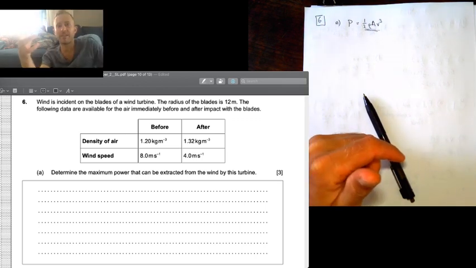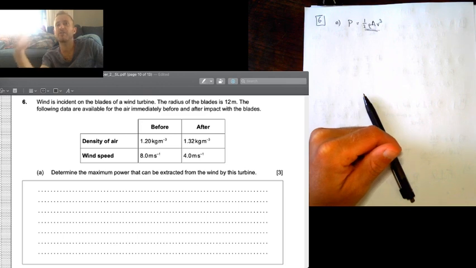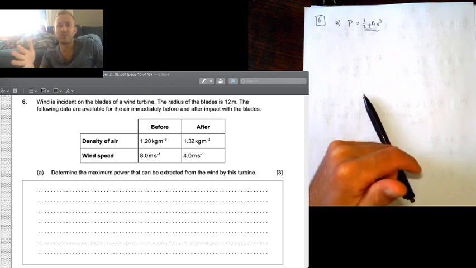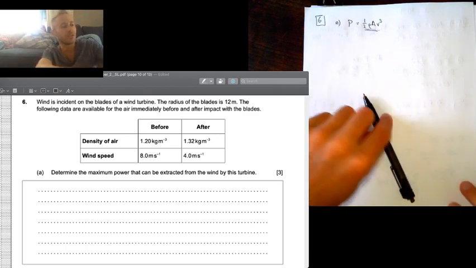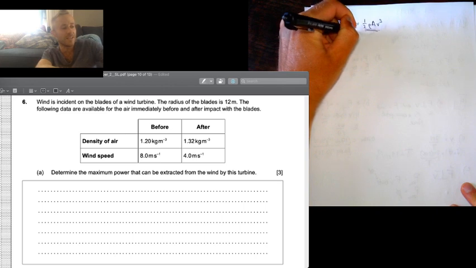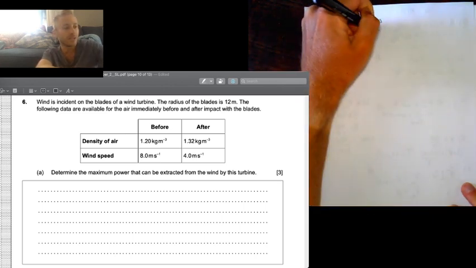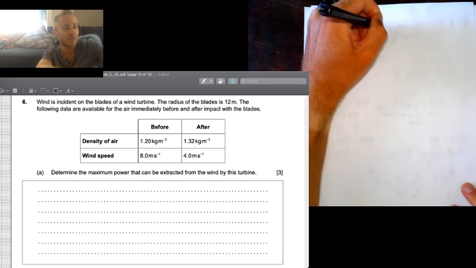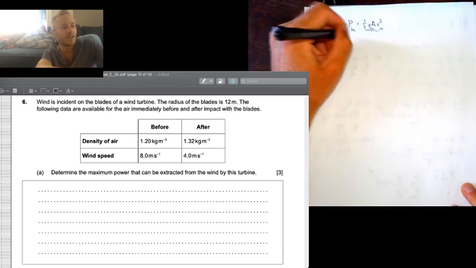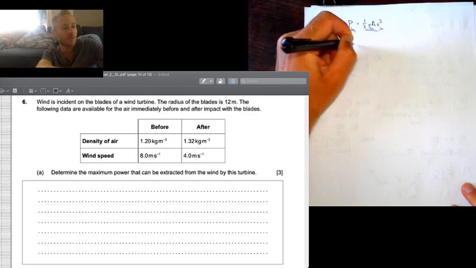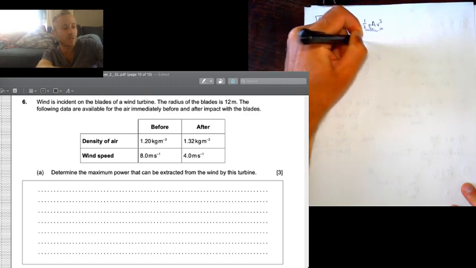You can't extract all the kinetic energy from the wind, because if you did, the air would just be stopped and there wouldn't be any flow in the first place. So this is actually the power that goes in to the wind turbine. And we would use the density that goes in and the velocity that goes in. And then we can use the same equation for the power that goes out of the wind turbine.